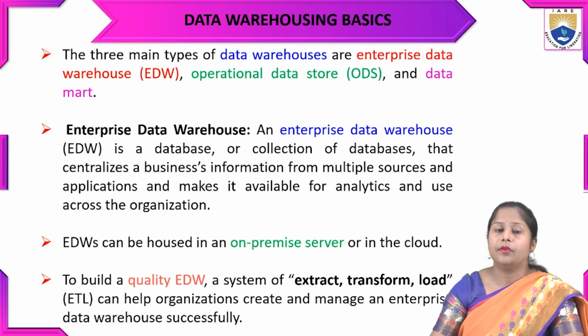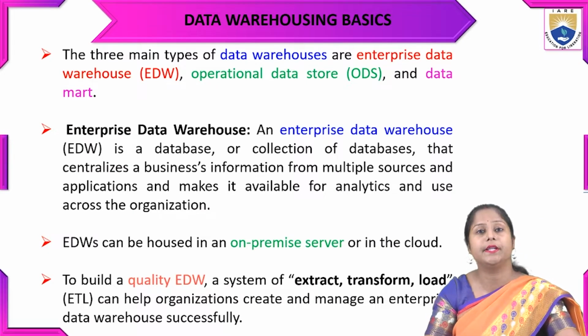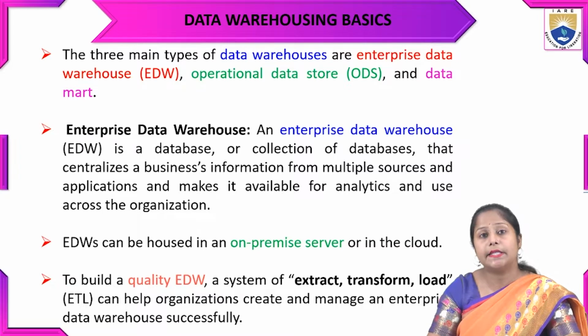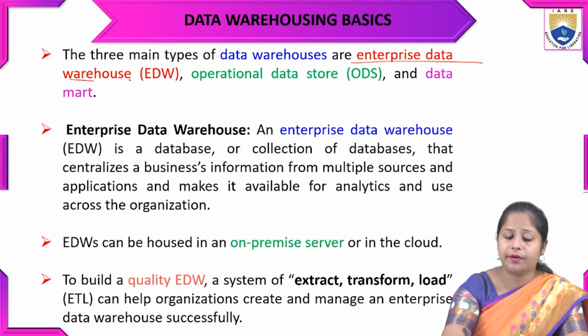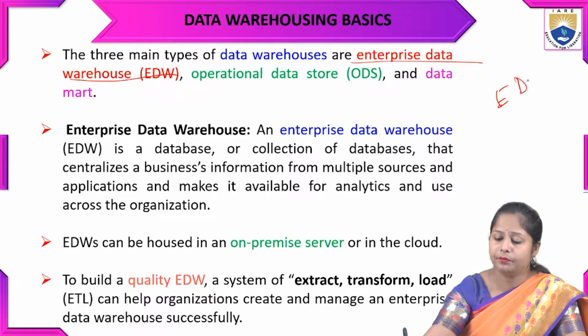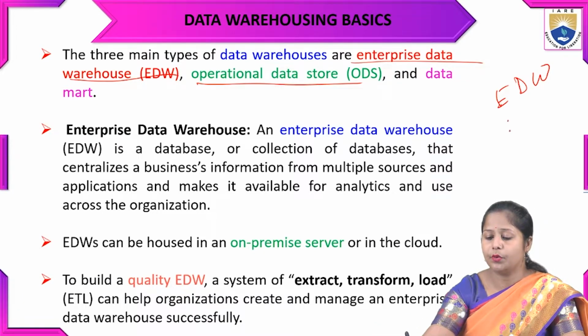Let's start. What are the data warehouse basics related to the implementation of a data warehouse? There are basically three types of data warehouse. First is the enterprise data warehouse, that is EDW. Second is the operational data store, that is ODS.